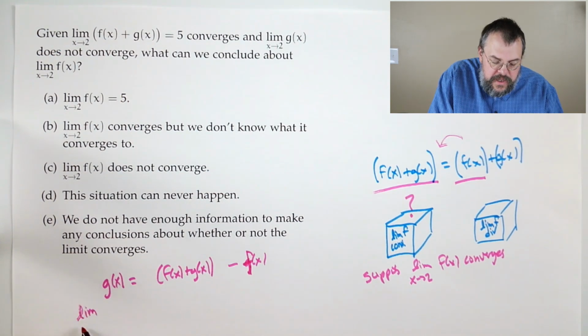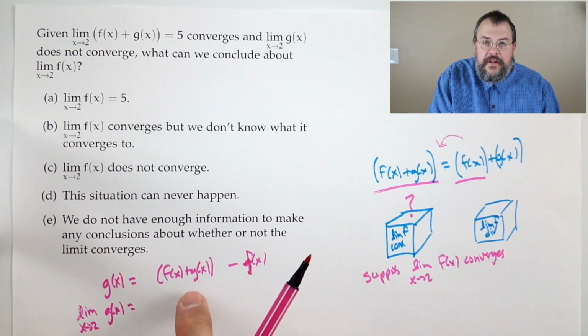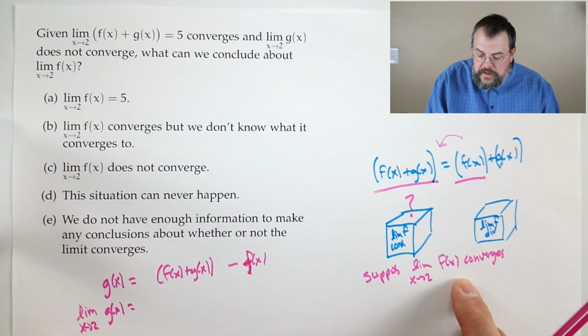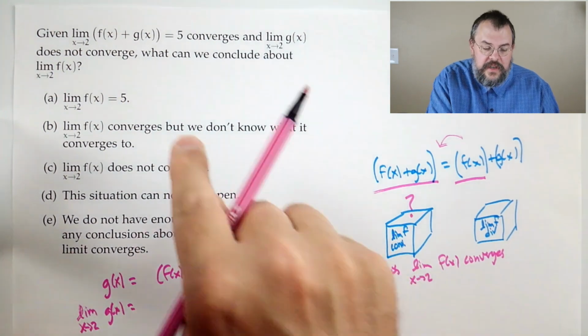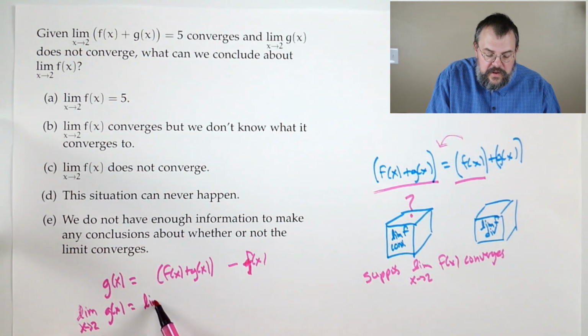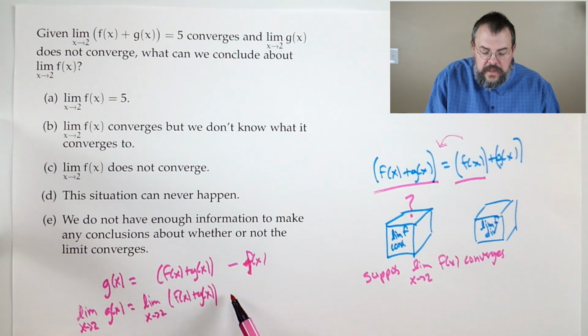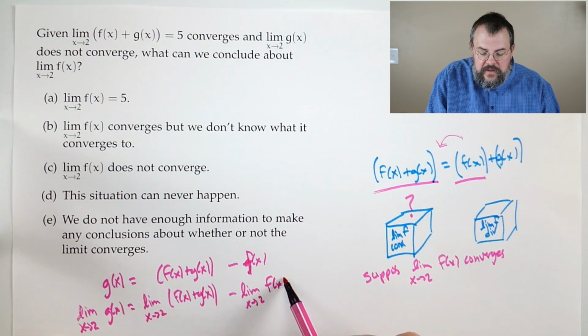So the limit as x goes to 2 of g of x, because these limits individually converge, because this is our assumption that it converges, and we were told that the sum converges, is the limit as x goes to 2 of f of x plus g of x, minus the limit as x goes to 2 of f of x.